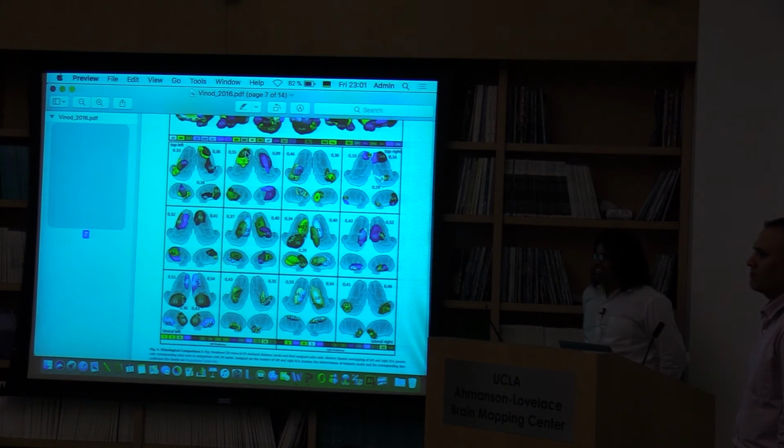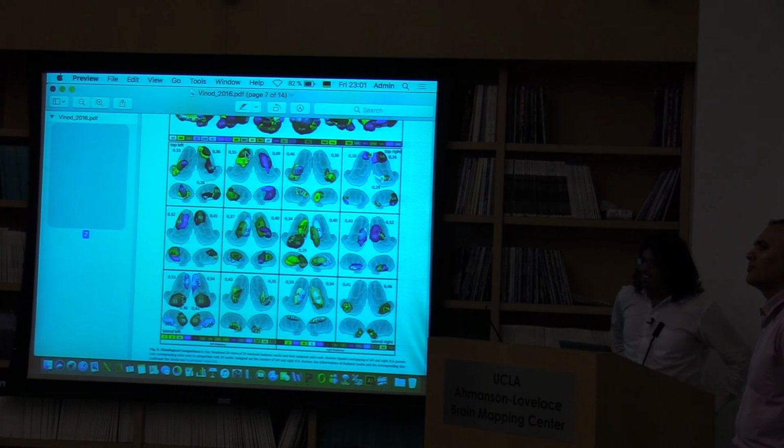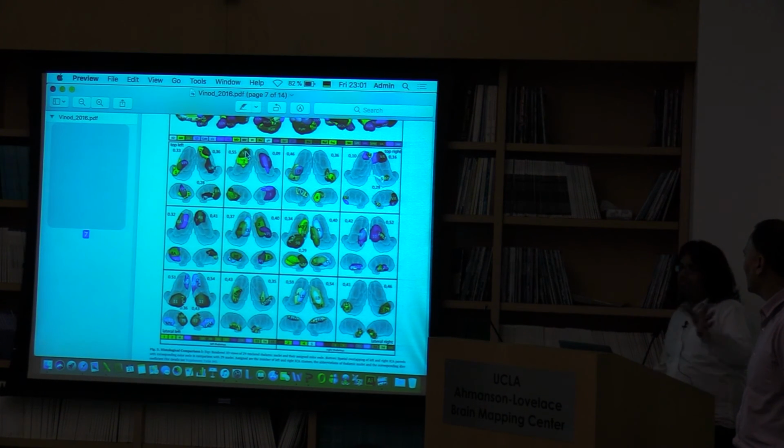Thank you. So you mentioned that you don't find direct connections between nuclei. So it's specifically structural, right? No direct structural connections between thalamic nuclei. In this paper, in the supplement, we have a whole figure showing that there is connectivity between different thalamic nuclei or parcels.